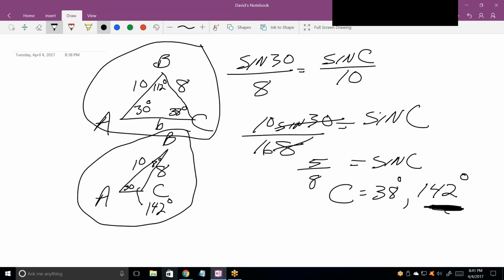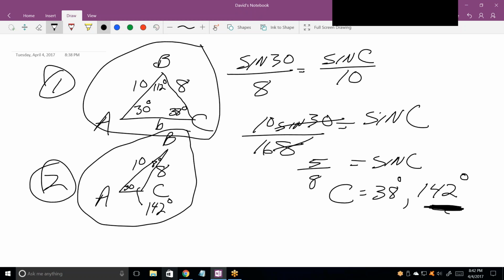In other words, the only thing we know about this triangle is that it's got a 30-degree angle in it. Well, the 38-degree angle for C certainly fits, but so does the 142. And you end up with two answers, that one and that one. The only information I gave you was an angle, a side, and a side.